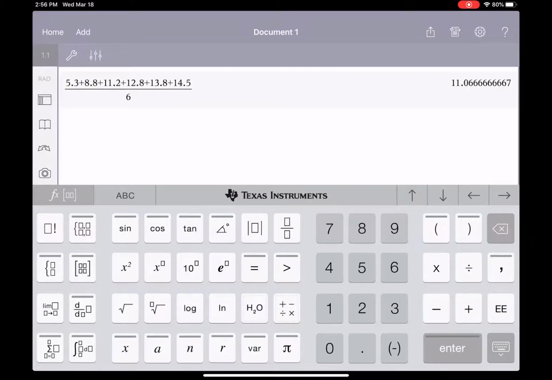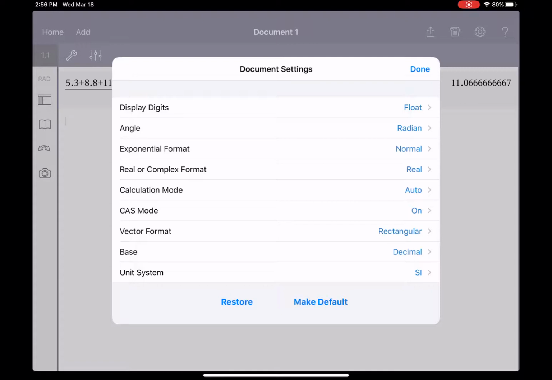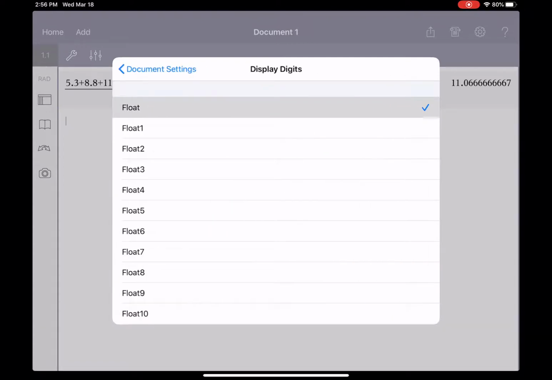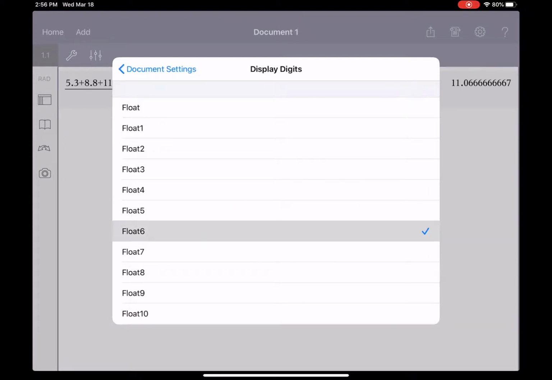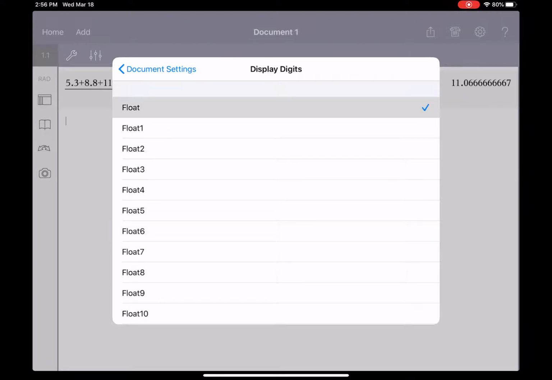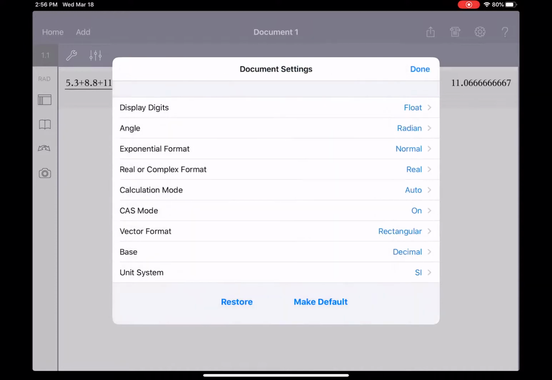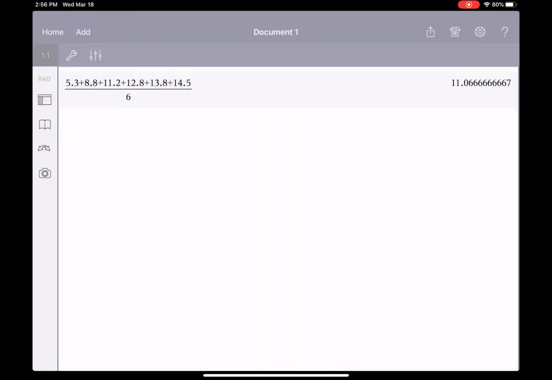If you have chosen to use this app, the TI Inspire app, you might need to go up under settings, document settings and display digits; it usually defaults to float 6. I'm going to choose float, and it's going to show me all the decimals that it possibly can. Go back to document settings and hit done, and there we go.